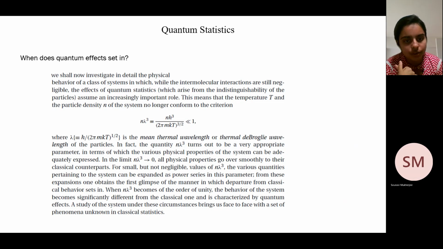When n lambda cube becomes of the order of unity, the behavior of the system becomes significantly different from the classical one and is characterized by quantum effects. So this value tells you whether you are in the classical or the quantum limit. When you are at lower temperatures, or when the number density is huge, quantum effects set in.